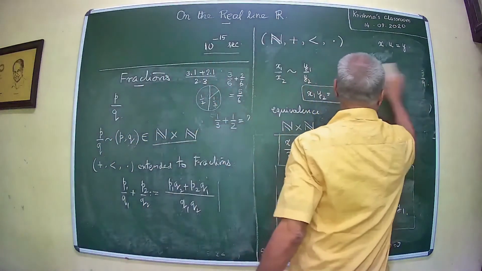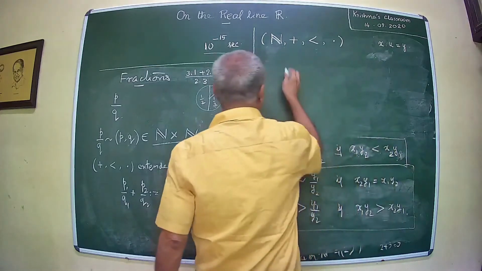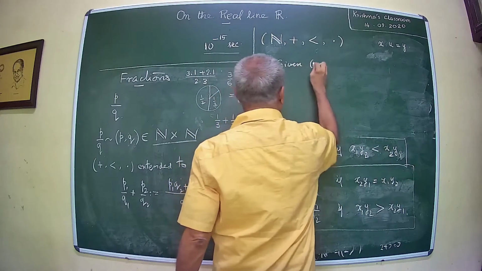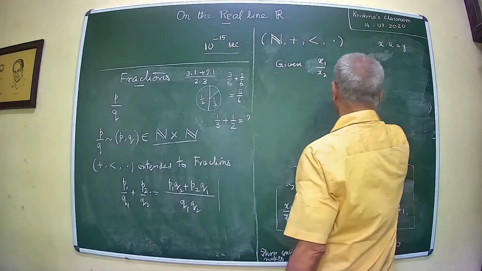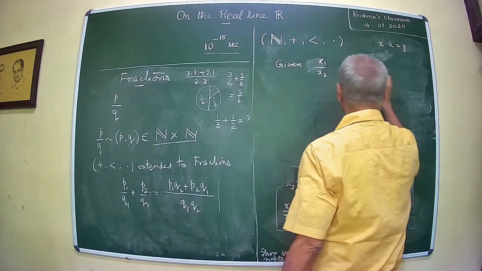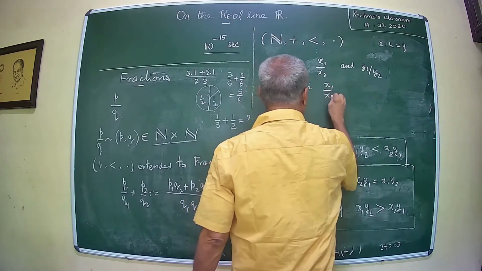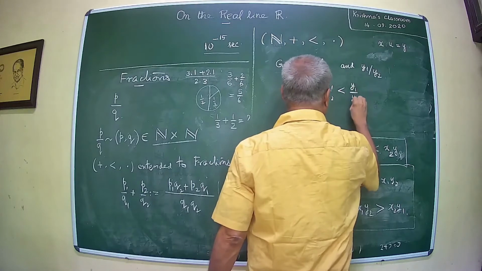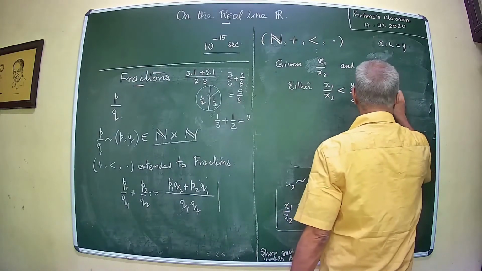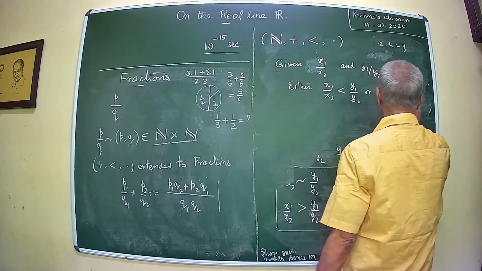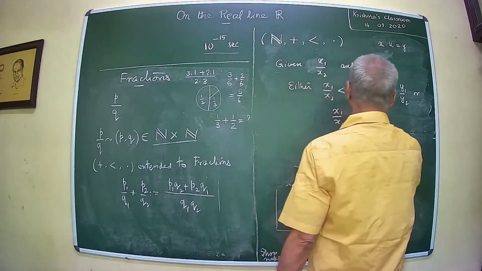Now one of the properties that you can prove is this, that given x1 by x2 and y1 by y2, either x1 by x2 is greater than y1 by y2, or x1 by x2 is equivalent to y1 by y2, or x1 by x2 is less than y1 by y2.